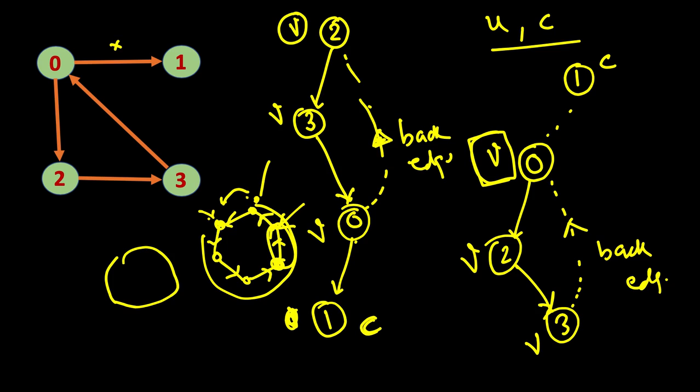So at any moment, there are 3 states of a node. A node can be in 3 states. This is a node N. It can be unvisited. It can be visited. Visited means being explored. We have reached here and we are exploring its neighbors, but we have not yet explored all the neighbors.